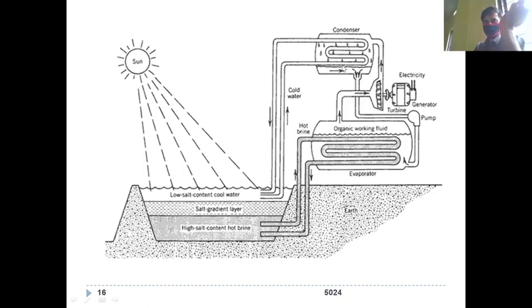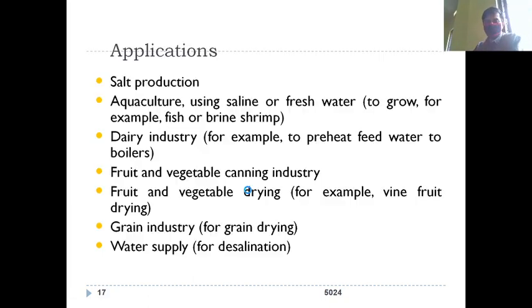Cold water from the top layer is given to condense the used vapor of the organic working fluid in the condenser, and a little hot water is given back to the top layer.